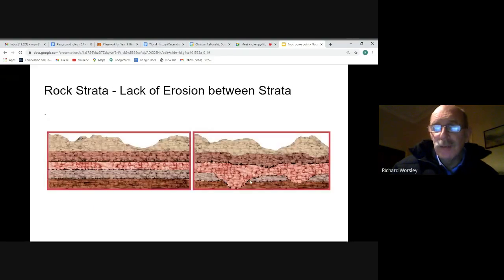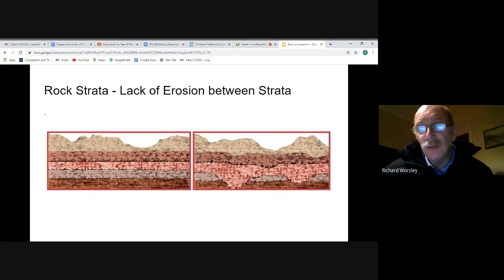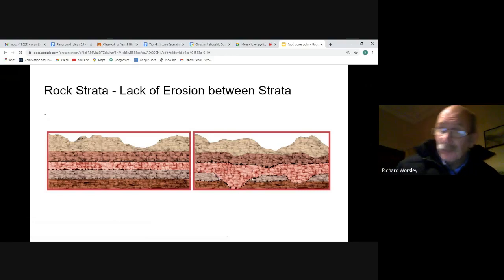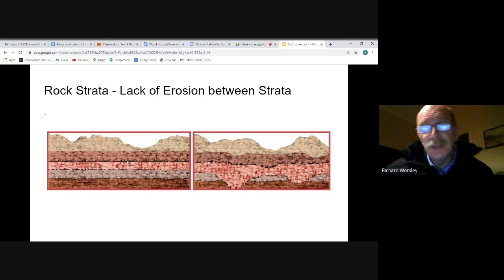If there had been millions, or even thousands, of years of time, I would have expected evidence of erosion, gullies, and things where water would have created an uneven surface. In fact, we consistently find flat surfaces, and that is good evidence for all these things happening at once.